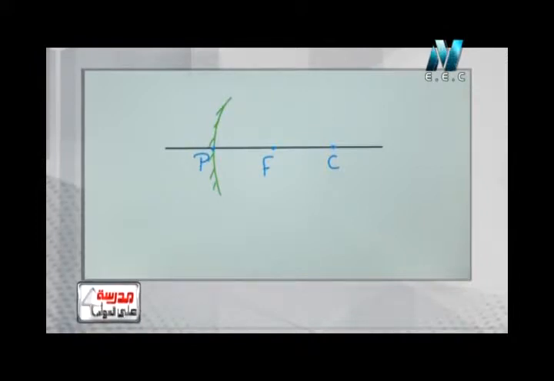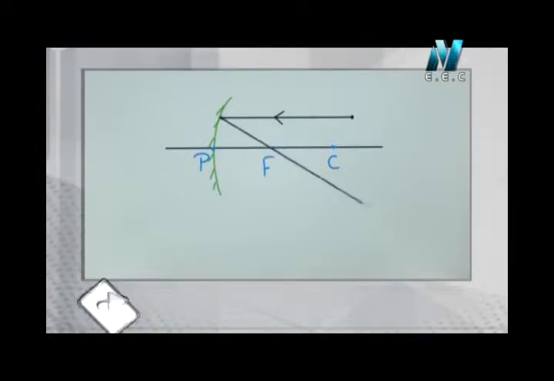If the light ray falls, as you see, parallel to the principal axis, like that, it will reflect through the focus.